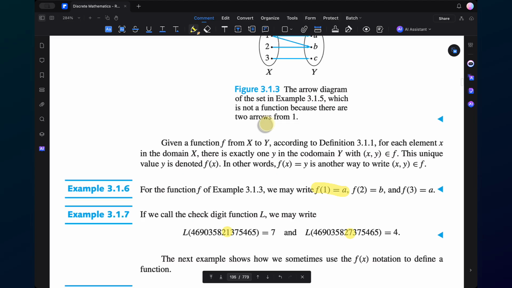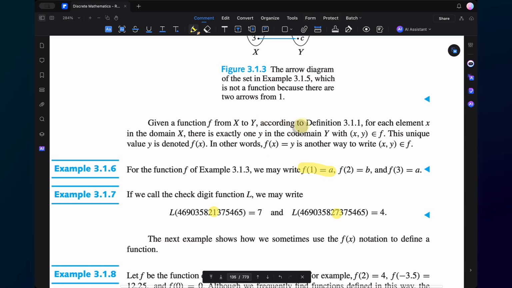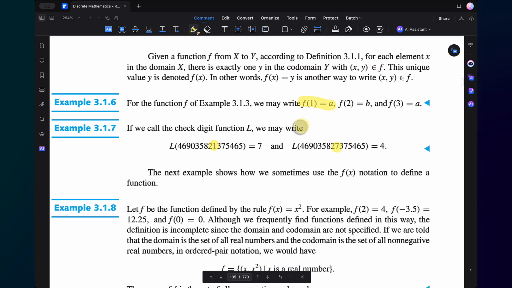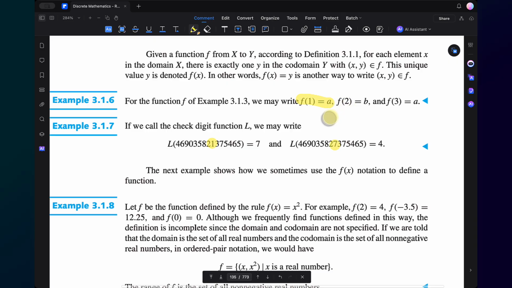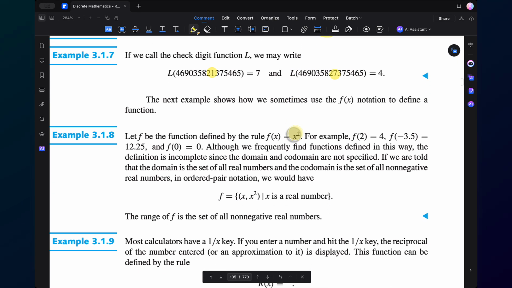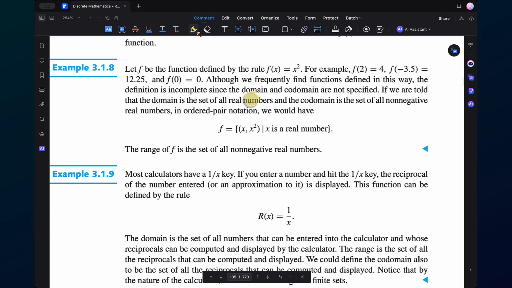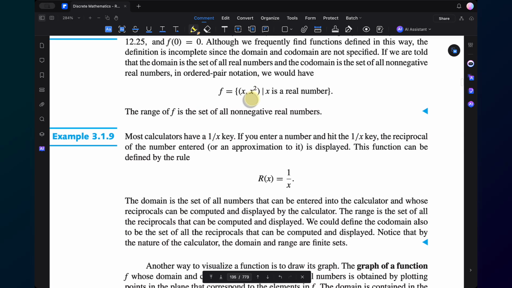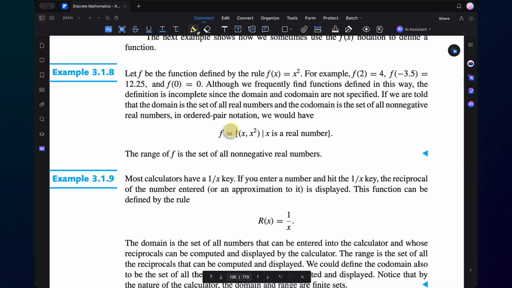Okay, continuing on. Here's just some notation. I'm sure you're familiar with this notation. If we call the check digit function L, we may write it this way. Remember when we doubled everything up there for the credit cards, we get 7. So this is just different notations for functions. Normally, you can think of it this way.